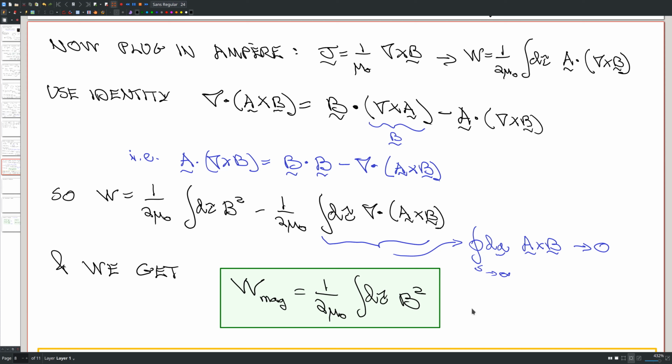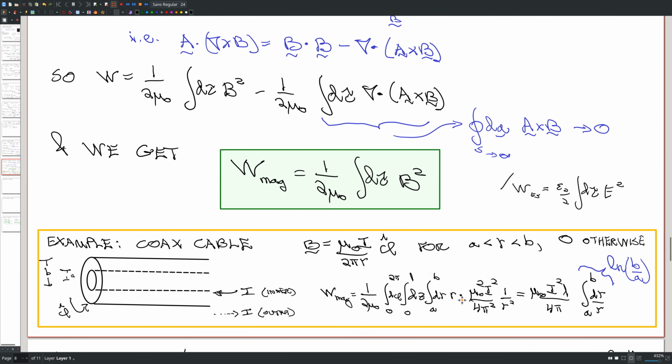In the case of the electrostatic field, we had a similar expression for the energy, which was, so if this was the electrostatic component, this was epsilon 0 over 2, the integral over our volume of E squared. Okay, so you see there's a parallel here. The square of your fields is essentially the energy density per unit volume that your electromagnetic fields are carrying. Okay, so we'll get back to that later when we discuss electromagnetic waves and stuff like that. So for now, this is just the magnetic equivalent of that.